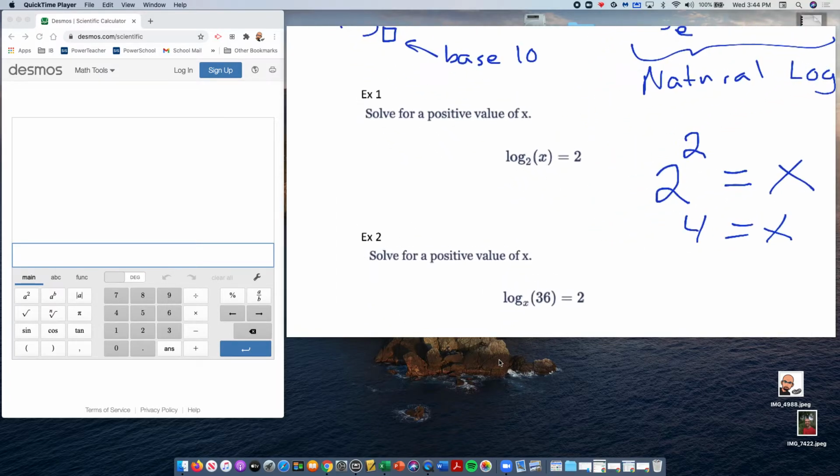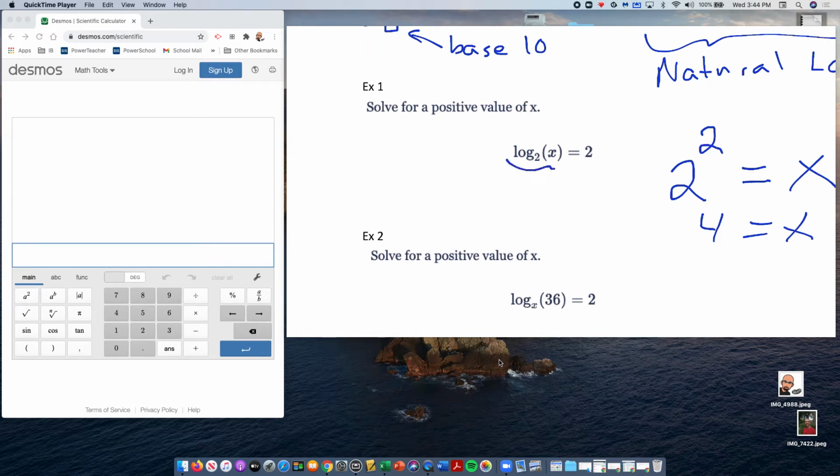Another way of thinking about this is 2 to the second power equals x. That's another way of thinking of how you would write that.